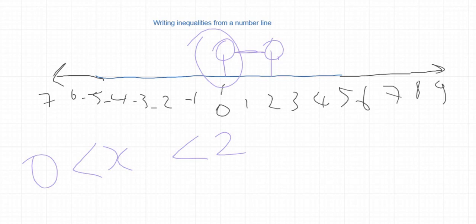Writing inequalities from a number line. So let us recap. The first thing that we do, we indicate where the locations are. Is it closed? Is it open? And then we choose the inequality symbols based on the condition. And then we look at the direction in which the lines or the arrows are pointing.